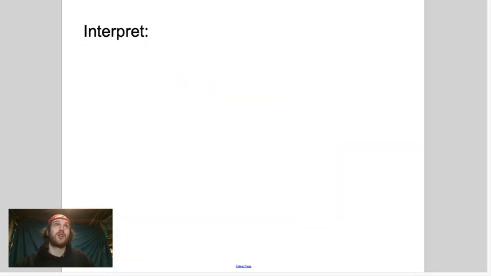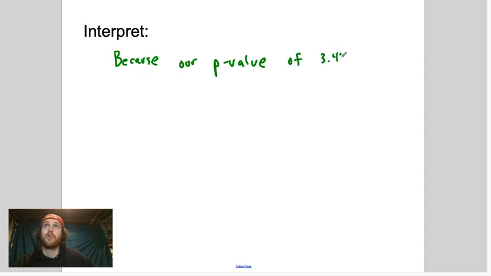So what do we conclude? What's our conclusion? How do we interpret these results? This is how we get started. We say because our p-value of 3.44 times 10 to the negative 77th is less than alpha, which is equal to 0.01, we reject H naught.